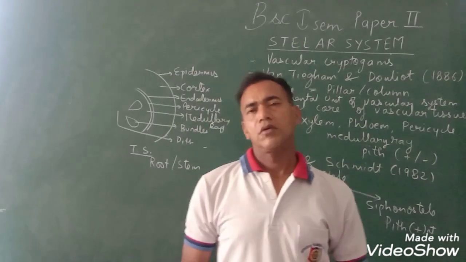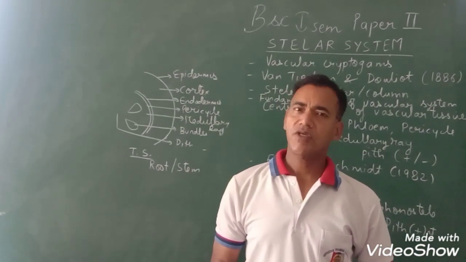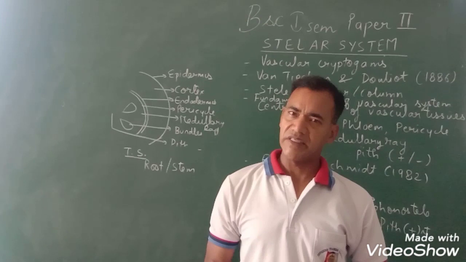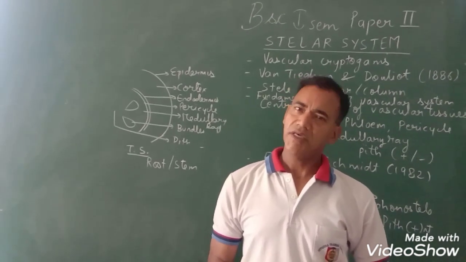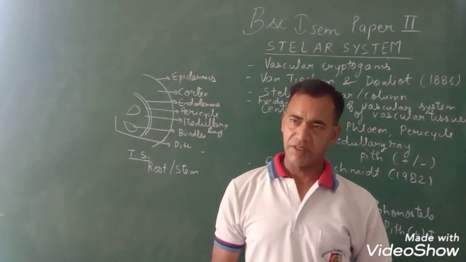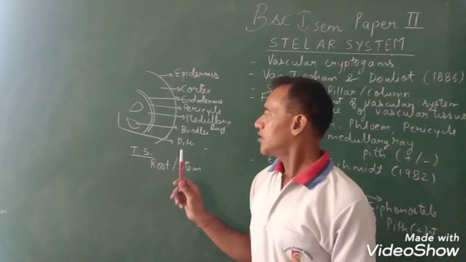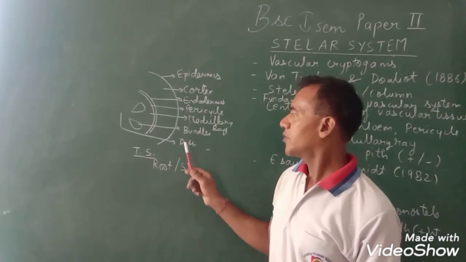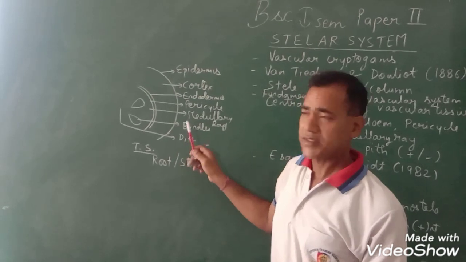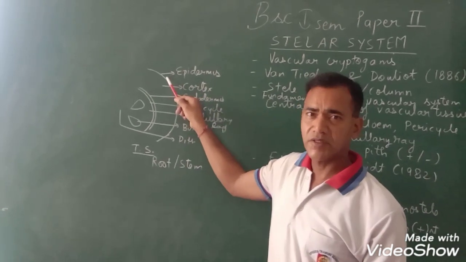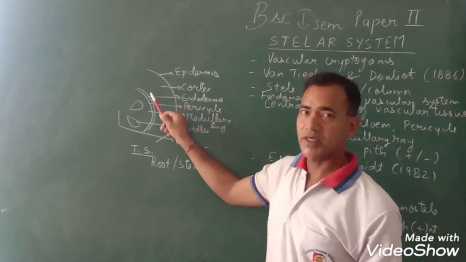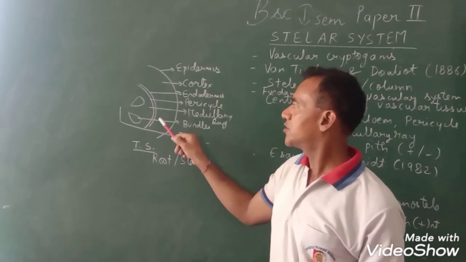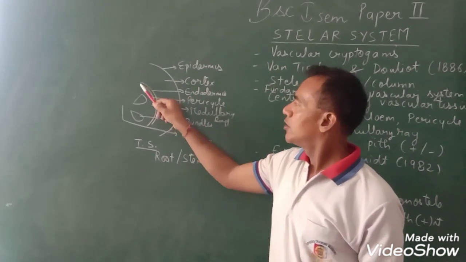We very well know that the basic structure of root and shoot is the same, and they resemble each other internally. When we cut a section of a root or stem, we see the following structures: outermost epidermis followed by multi-layered cortex, the innermost of which is endodermis.